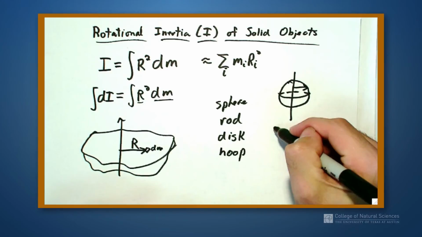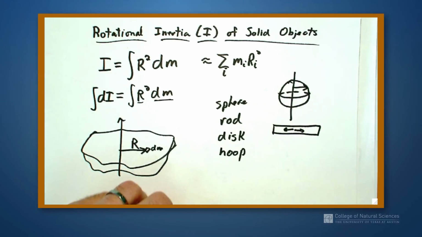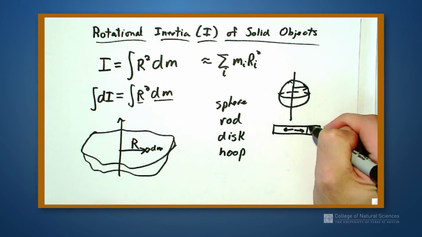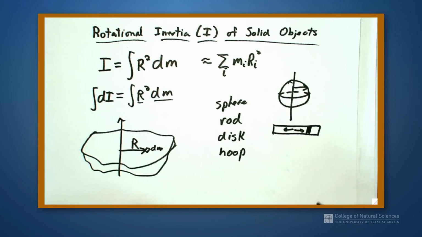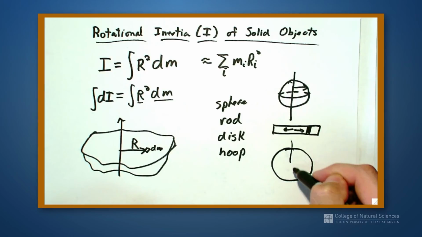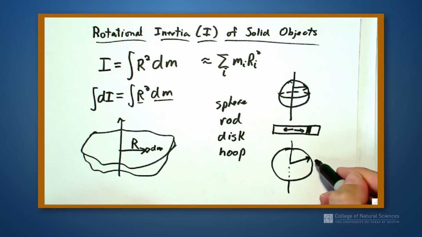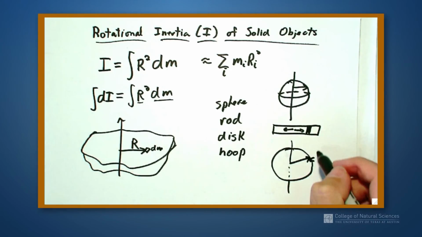With a rod, it's really easy. We put a rod here, and we have mass to the left and mass to the right. We know how to look at some small little section of mass here and add it up to everything else. Hoops are really nice. We have a hoop, and we see that all of our mass is at one radius. So we look at one little section of mass here, and we figure out how it changes around.